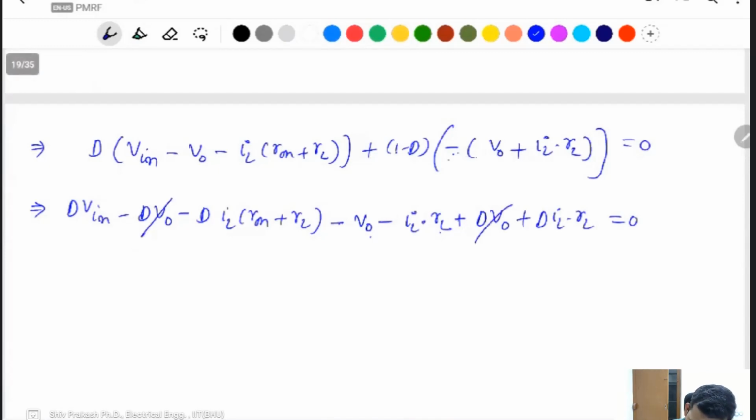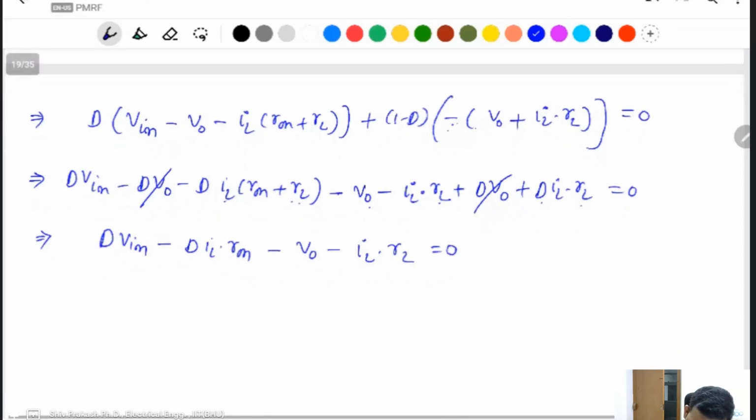Then D Vo cancels out, and D IL into RL cancels out too, and finally D Vin minus D IL into R on minus Vo minus IL into RL is equal to 0.